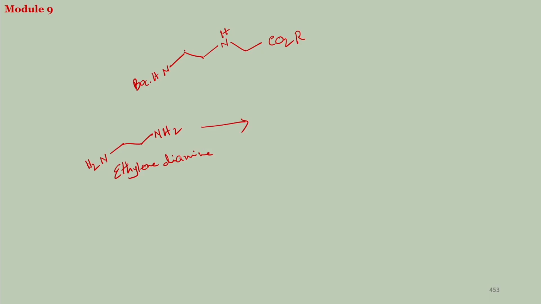What you have to do is make one of these NH2 react with this, and the other amine you have to protect by the BOC. So, first is the protection by the BOC. If you use BOC anhydride, this is a little bit tricky reaction, you have to use one equivalent of it and in a controlled way, then one of these amines would be protected by the BOC.